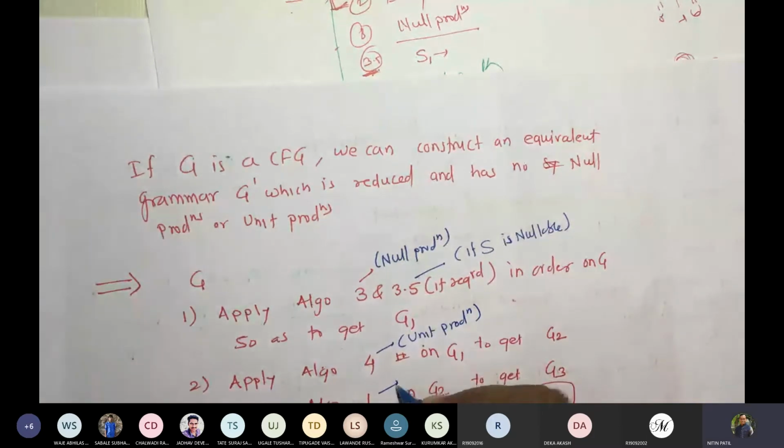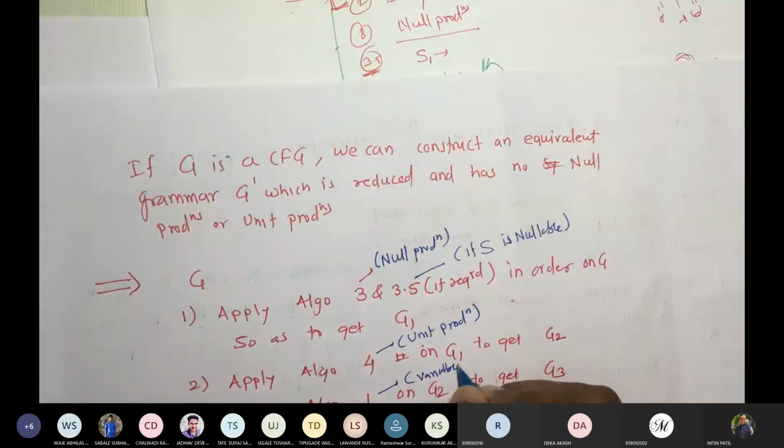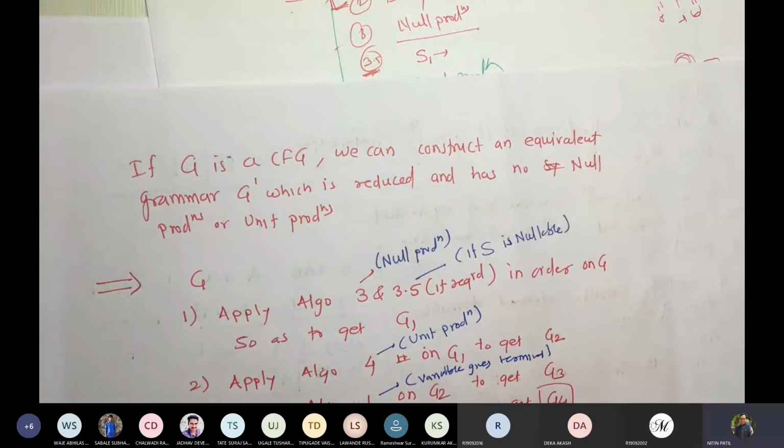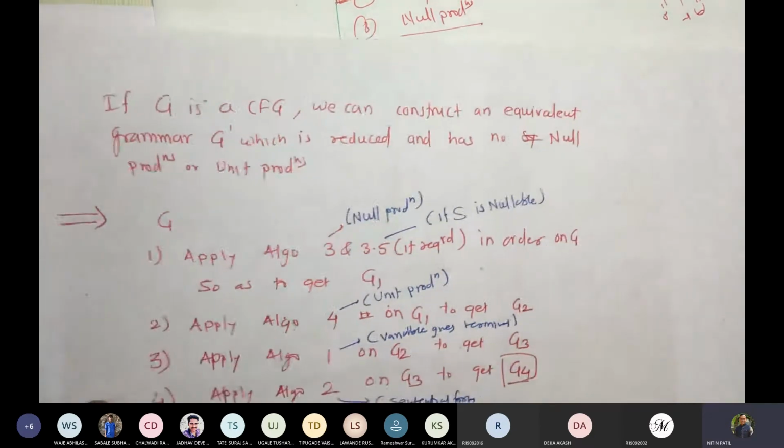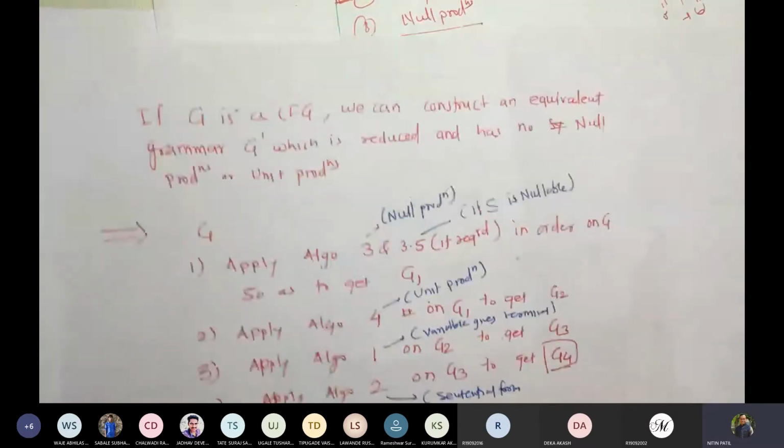Unit production. This algorithm 1 means what? Variable gives terminal. And this algorithm 2 means what? Sentential form. Correct.